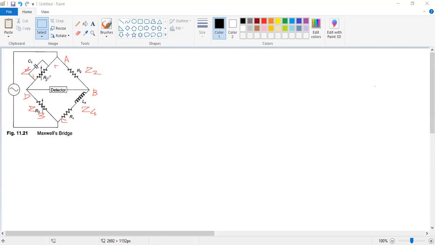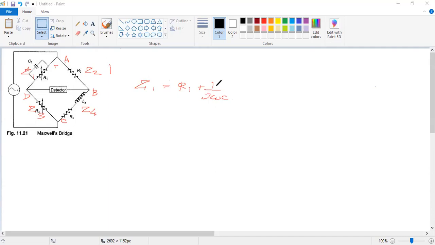So we can find out one by one the actual impedance of Z1, Z2, Z3, and Z4. Now, Z1 is R1 plus 1 by j omega C1.